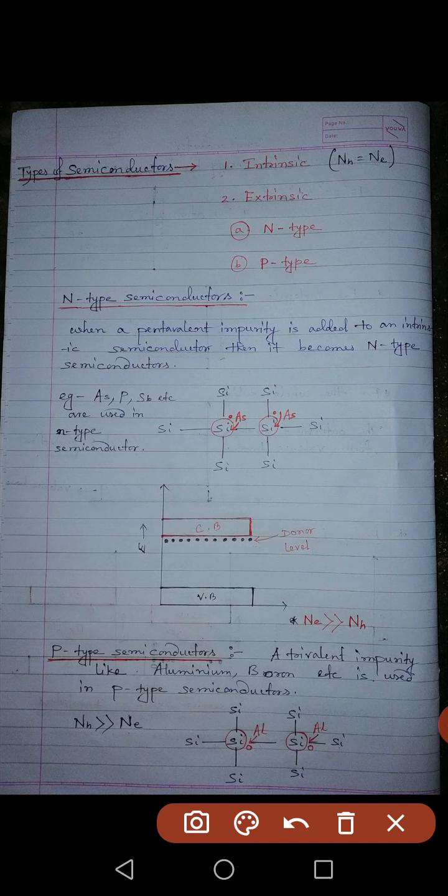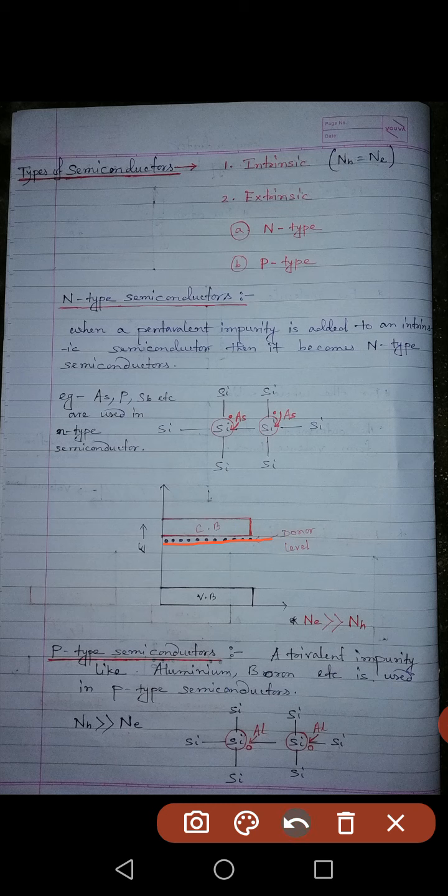You can think of it this way: the conduction band has come a little down, and if so, the energy gap is reduced, isn't it? Why do we think this level has come down? Because now we have a number of electrons forming this level. So this is called the donor level.